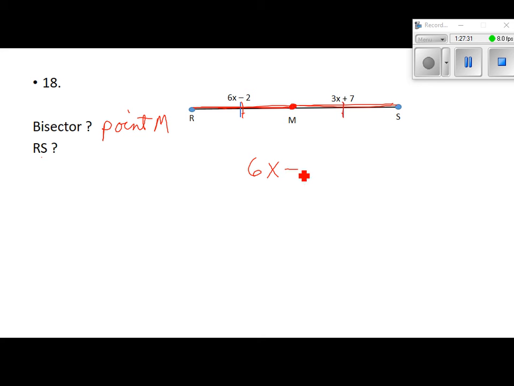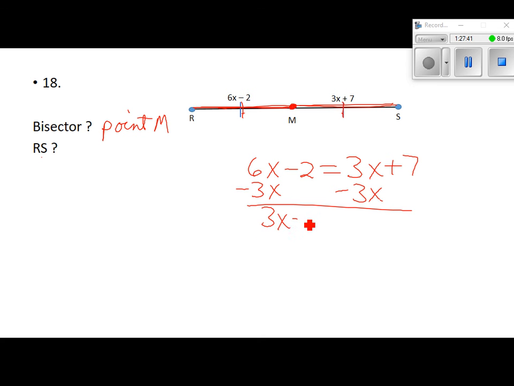So 6x minus 2 equals 3x plus 7. Subtract 3x on both sides. You end up with 3x minus 2 equals 7. Add 2 on both sides. You end up with 3x equals 9. Divide by 3. You end up with x equals 3. They didn't ask us to find x.